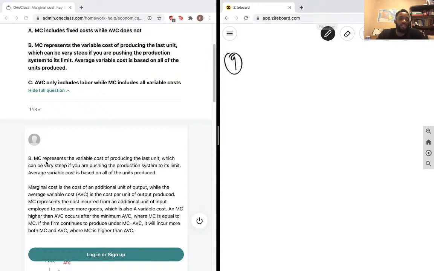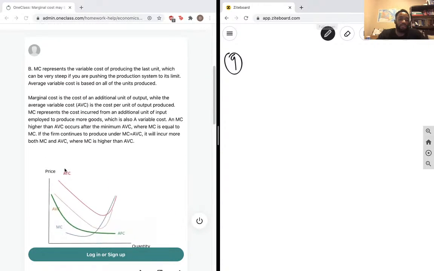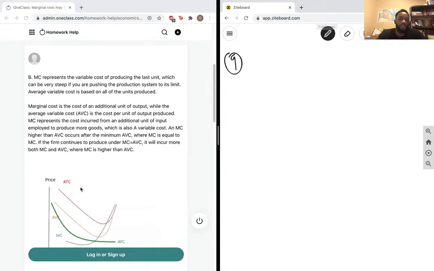Your tutor here says B is the correct answer. And you say marginal cost is, oh nice, they drew a little graph for us. Marginal cost is the additional unit of output, while average variable cost is the cost per unit of output produced. Marginal cost represents the cost incurred from an additional unit of input employed to produce more goods, which is also a variable cost.